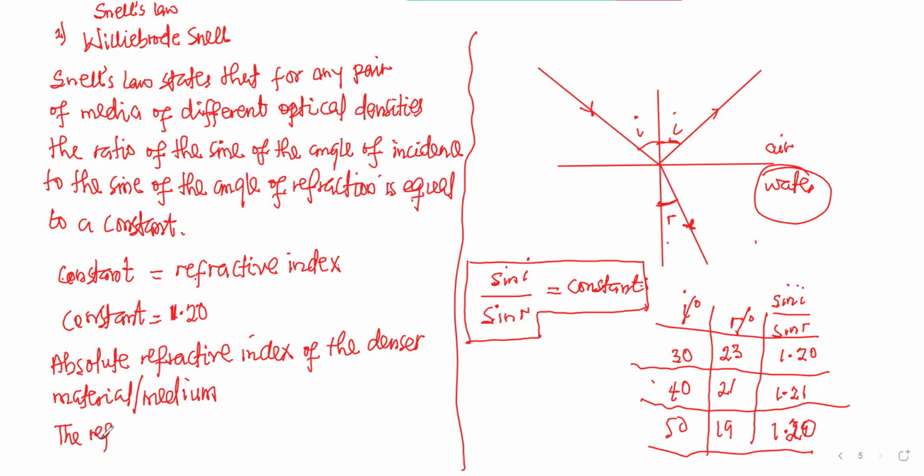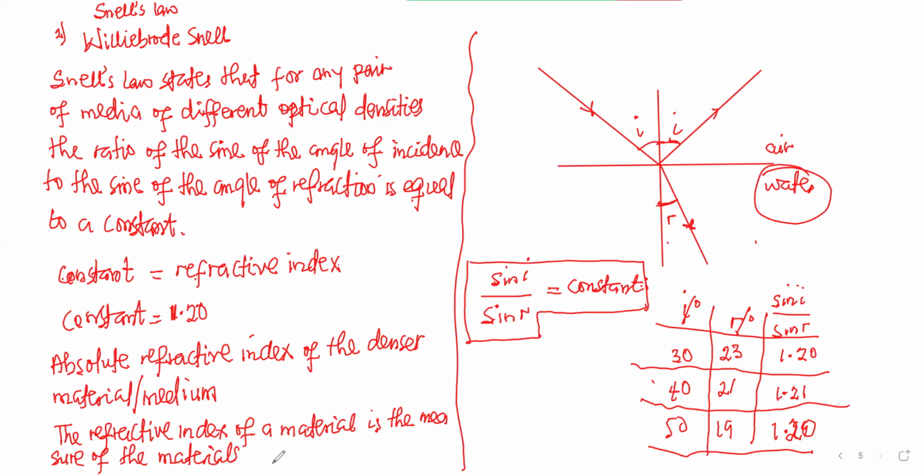The refractive index of a material is the measure of the material's ability to bend or deviate light.